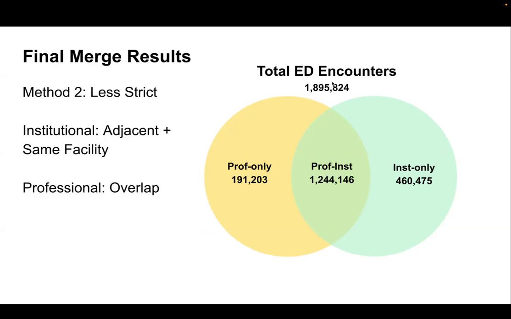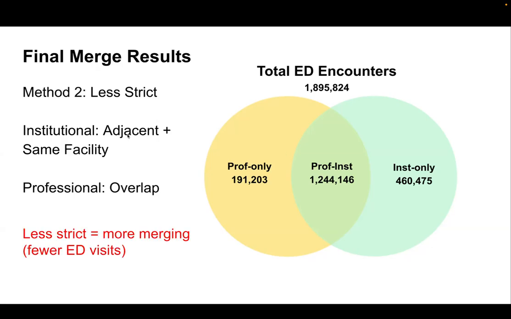Method 2, you can see the number goes down a little bit. We're looking at under 1.9 million total ED visits. This is the method where we're going to use adjacent, so plus or minus 1 day is fine. We're still going to require the same facility. We're still going to require the same professional overlap. And so the professional only component is actually the exact same, but the institutional base numbers change a little bit because that's the part we changed.